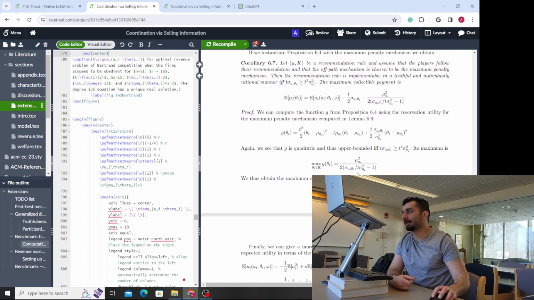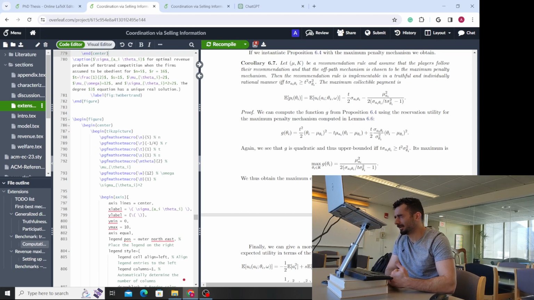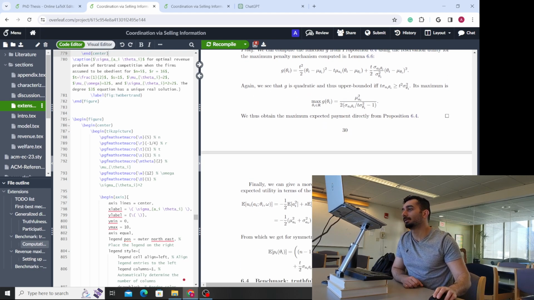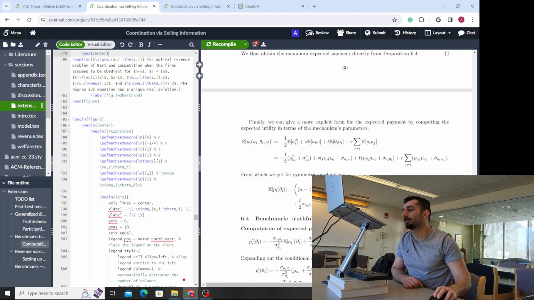Also, we want to change every sigma I theta I to this ratio, and probably sigma AI omega to sigma AI omega over S sigma omega squared. Okay, so we already have this, right?